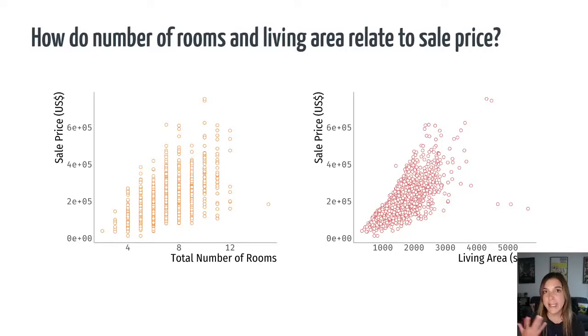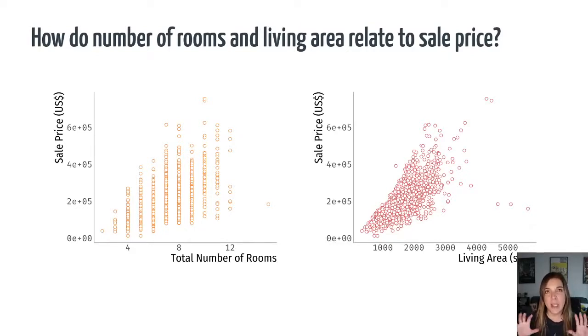As you can probably have imagined, sales price has a positive correlation with number of rooms. So a house with more rooms, holding other things constant, most likely sells at a higher price. And the same thing with living area. A bigger house probably costs more money than a smaller house, holding, again, other things constant.